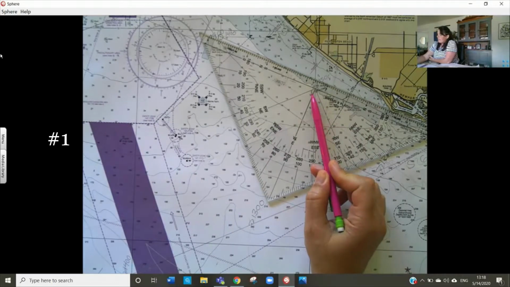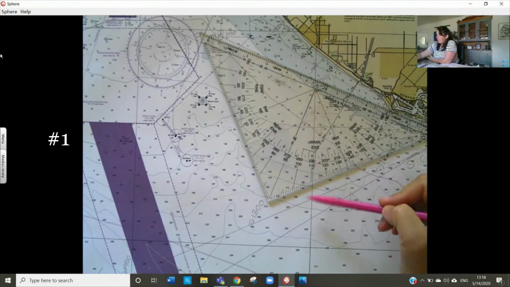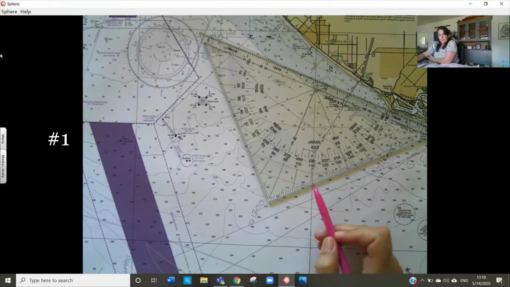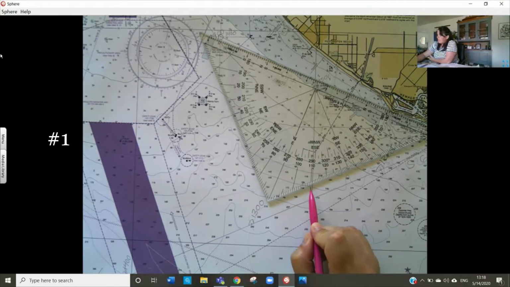Then I have the focal point on this meridian, and then I could read at the bottom that this one right here is 110, this would be 115, this would be 120. So where the bottom of the meridian passes through on the triangle is 111. So that would be the direction of this course. 111.